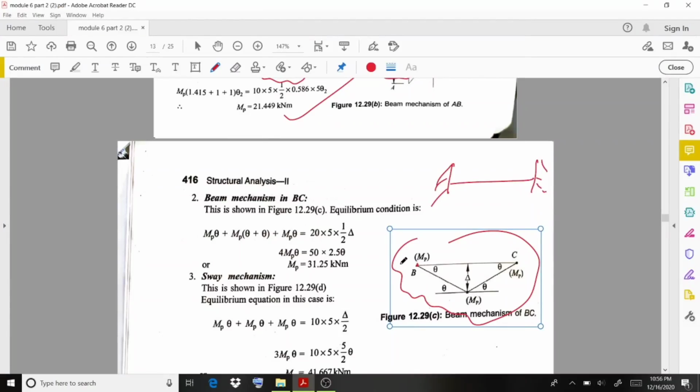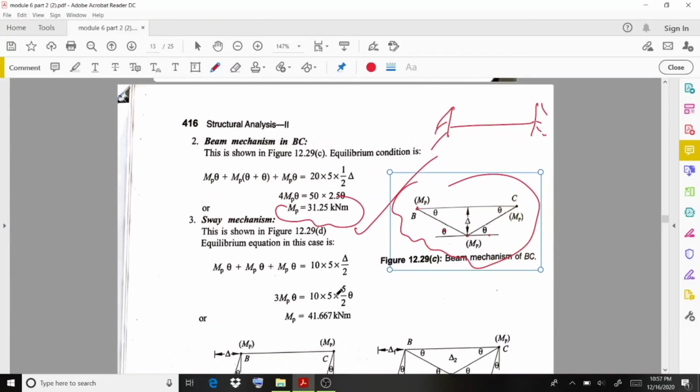So Mp theta plus Mp theta plus Mp theta equals the external work done, 20 multiplied by span distance 5, multiplied by the average distance delta by 2, and if you equate, Mp equals 31.25 kilonewton meter. So this is the second case regarding the beam mechanism.